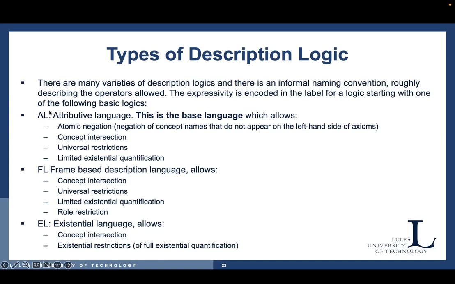The basic one is the attribute language. This is a language that allows description of concepts and relations. Then the frame language, the existential language.